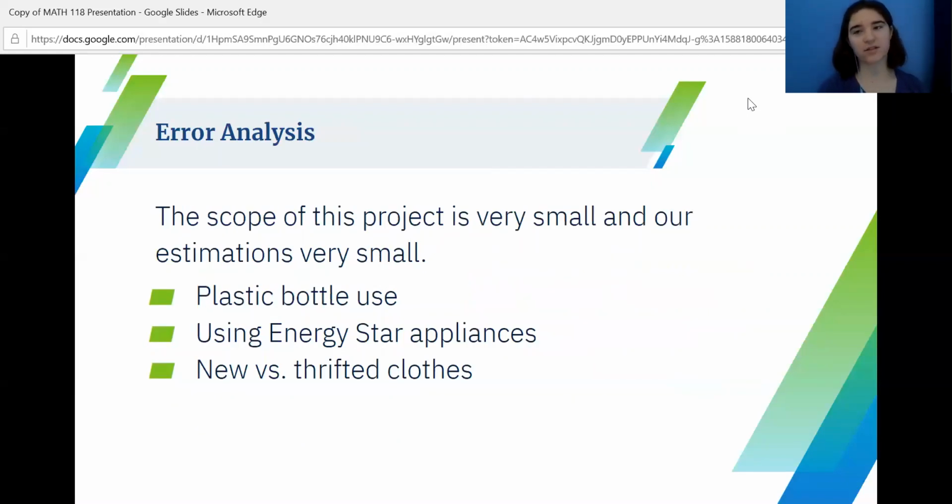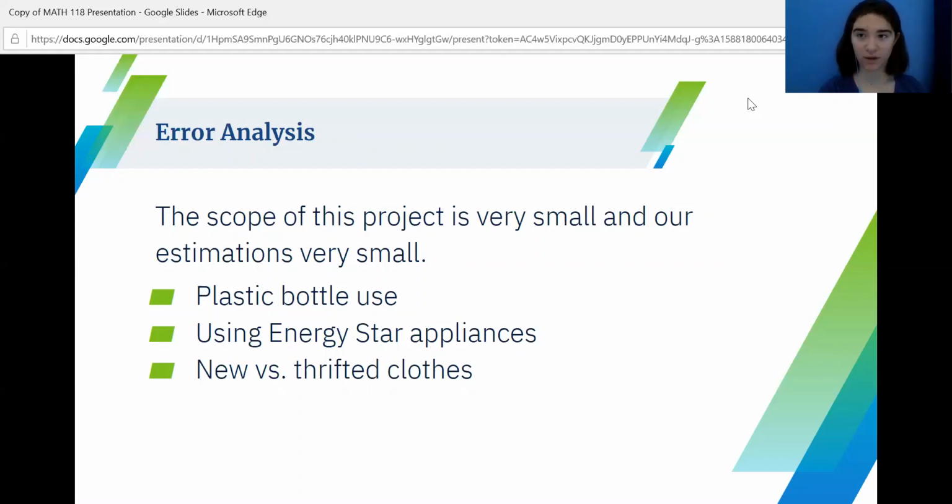So, error analysis. Of course, the scope of this project was very small, and our estimations, therefore, are also very small. There are a lot of categories of lifestyle that we just didn't mention, including plastic bottle use. Plastic production makes up a significant enough portion of CO2 emissions worldwide.